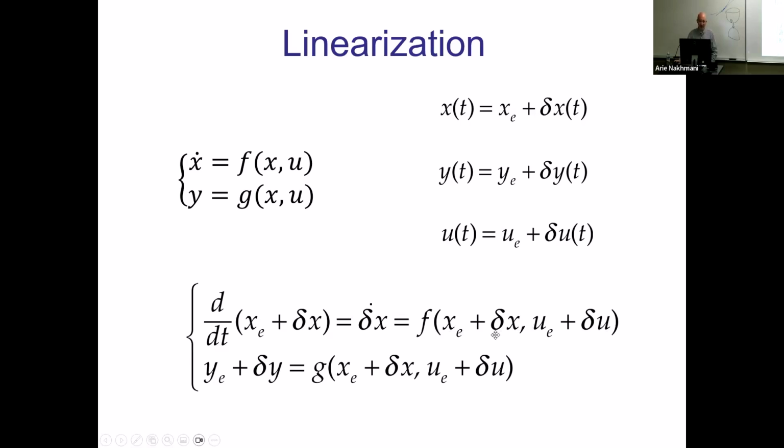So I'm replacing everywhere x with that expression, and u with that expression. So this is x and u, right? Same thing for y. y equilibrium plus delta y, a small change from the equilibrium point, equals g of that change plus that change, okay? Haven't moved too far. I still have the function f and function g, difficult to work with.